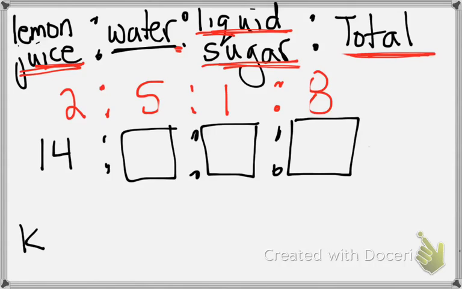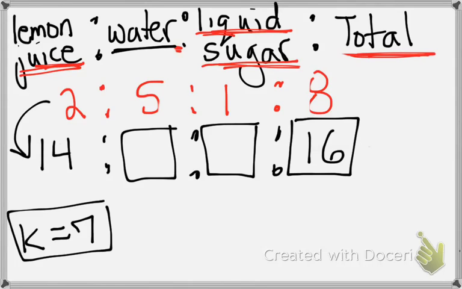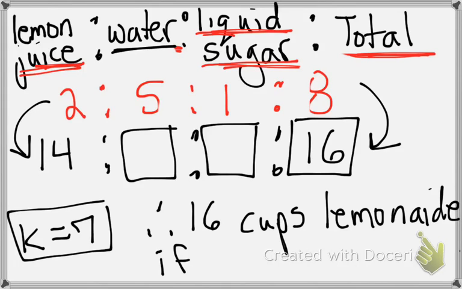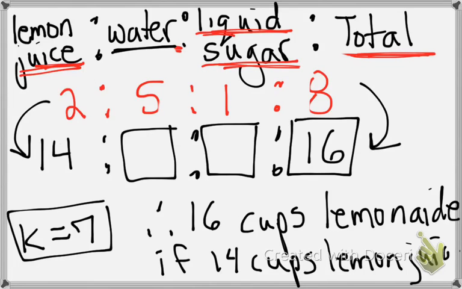Well, 2 times 7 gives us 14, so 8 times 7 is 56. So therefore, 56 cups of lemonade if you're using 14 cups of lemon juice.